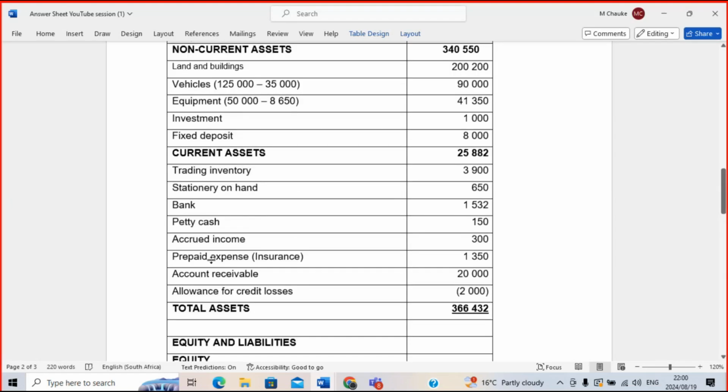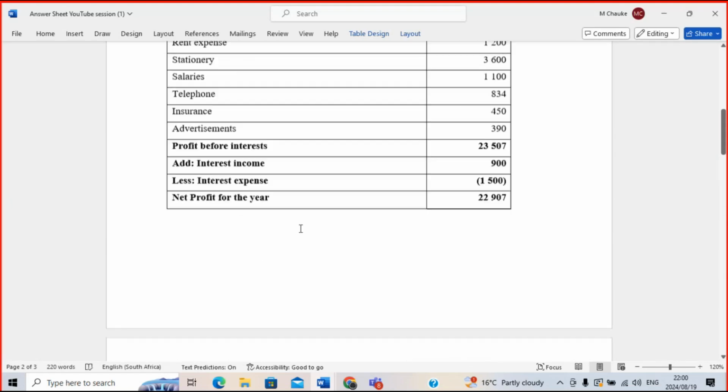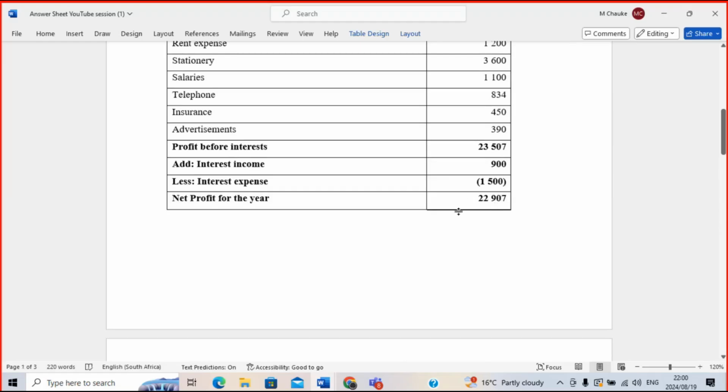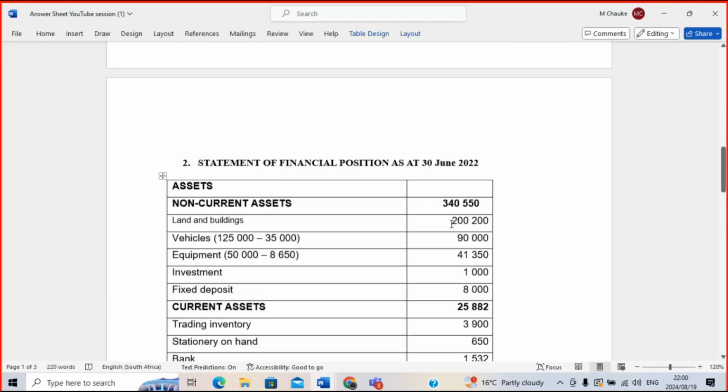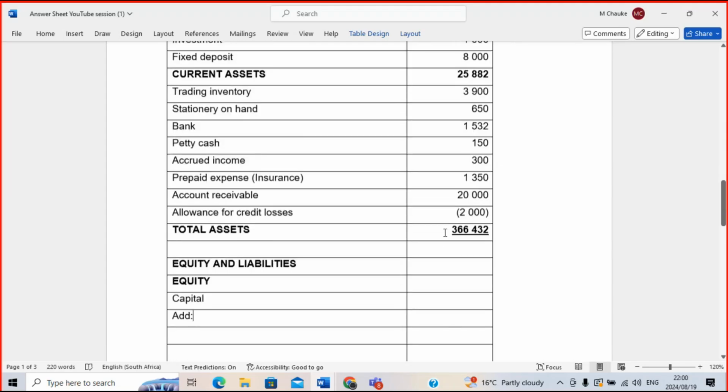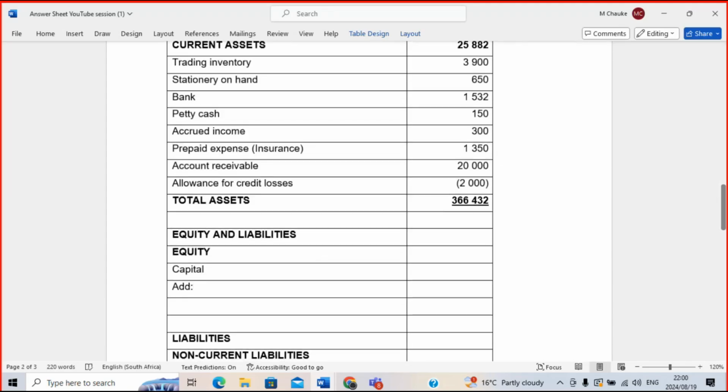If we had a loss, we were going to minus the loss, but now we've got a net profit for the year. So net profit, we add. And then we're going to subtract or less drawings.